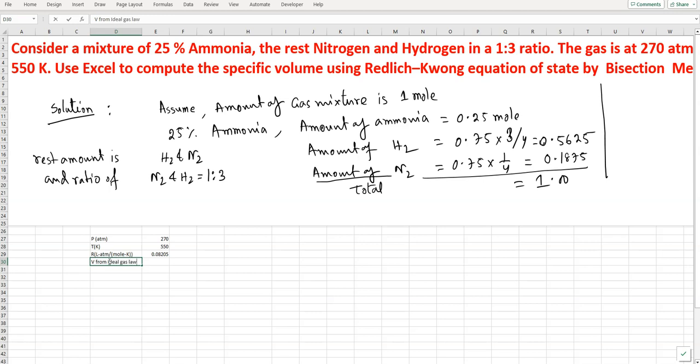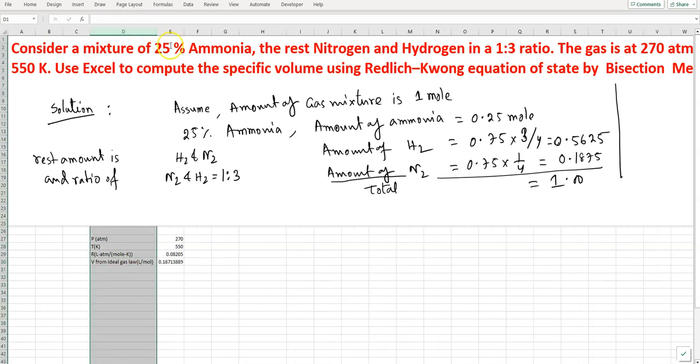So from here we calculate V from the ideal gas law, that is R times T by P, in liters per mole. That is what we got from the ideal gas law for the volume.